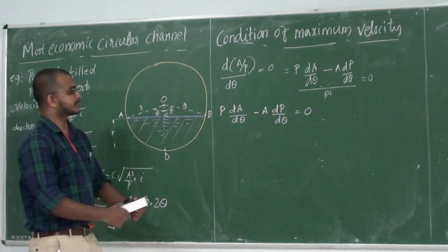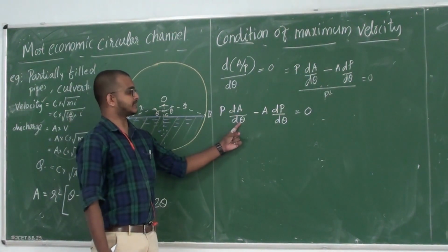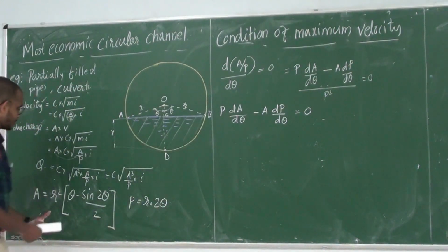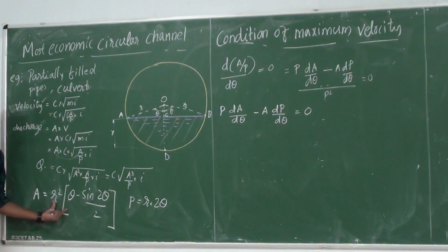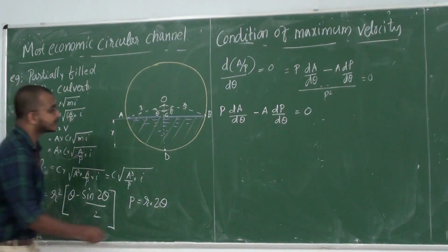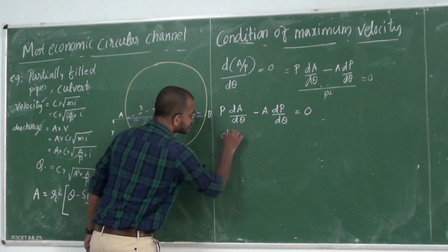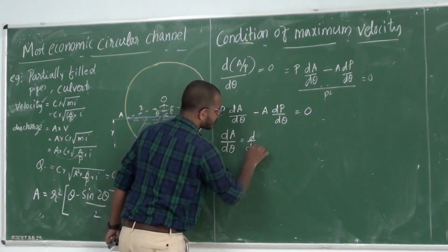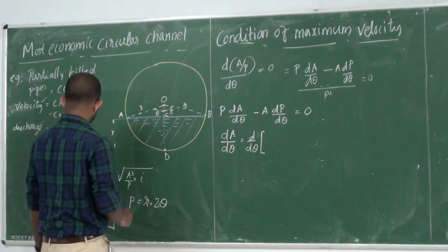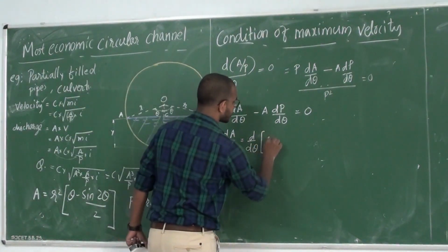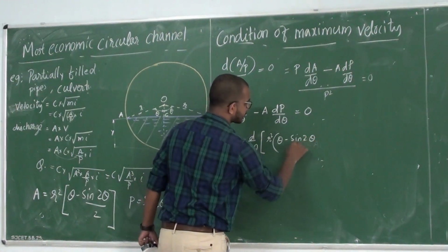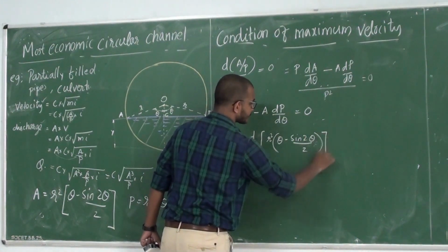Now differentiate area with respect to theta and perimeter with respect to theta. We know that area A is equal to r square into theta minus sine 2 theta by 2. That means dA by d theta is equal to d by d theta of r square into theta minus sine 2 theta by 2.